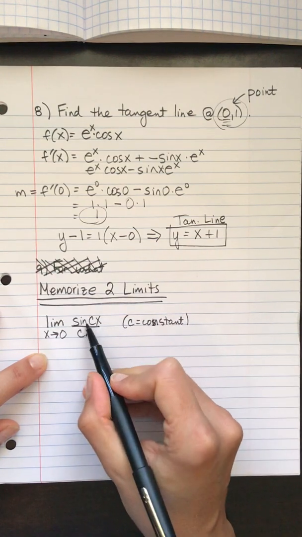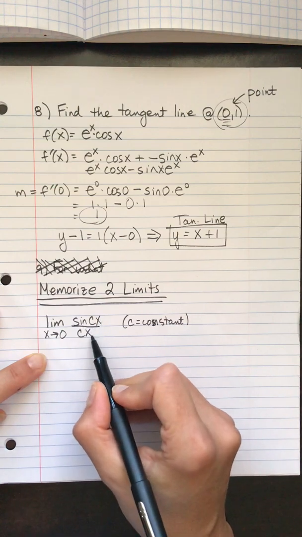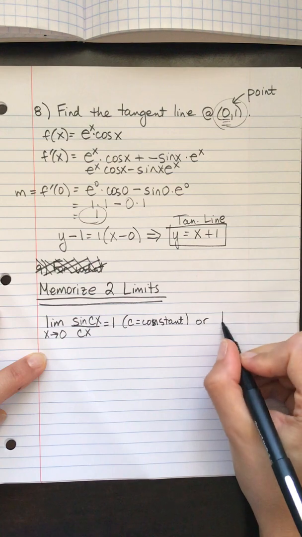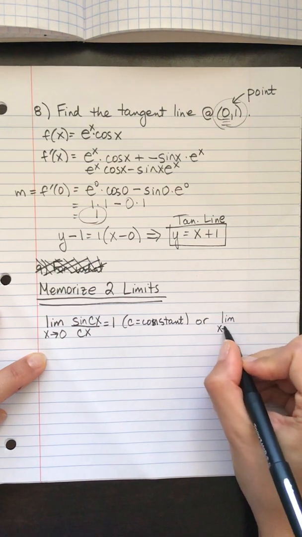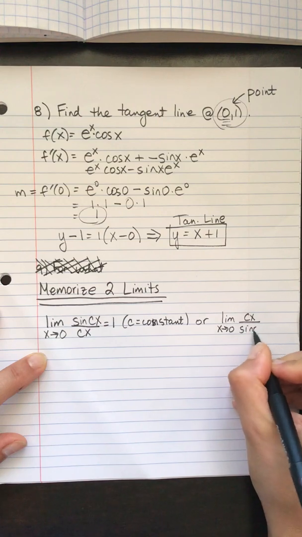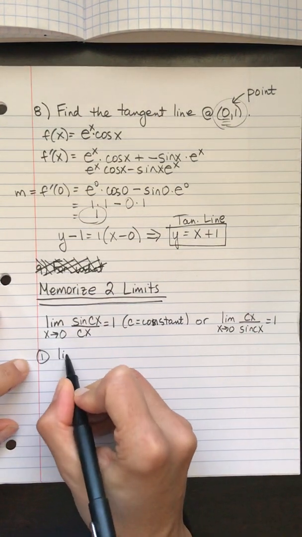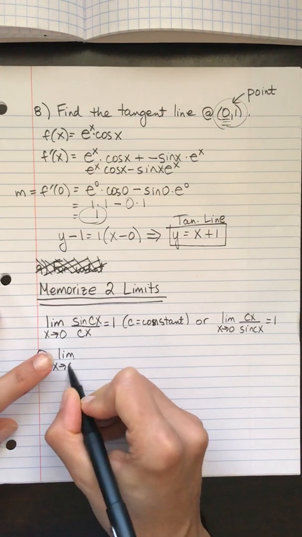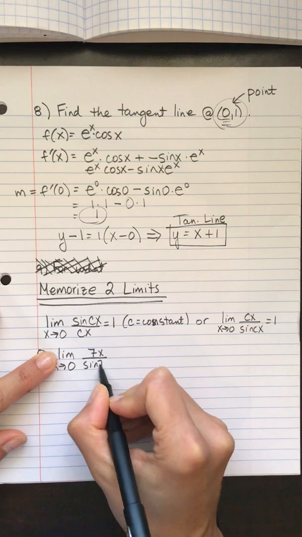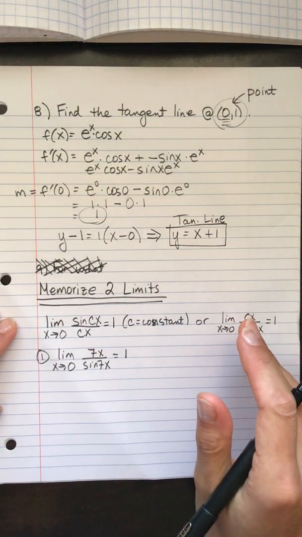So if this said sine 5x over 5x or sine 8x over 8x, this limit is equal to 1. And so is its reciprocal. Limit as x approaches 0 of cx over sine cx is equal to 1. So if I say, what's the limit as x approaches 0 of 7x over sine 7x? The answer is 1. You just give me the answer.